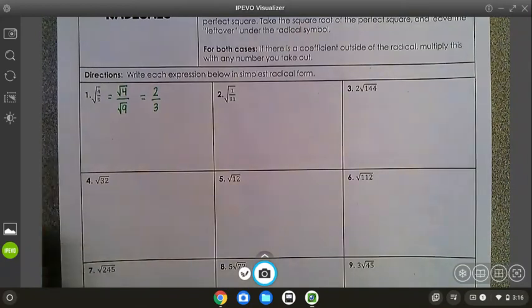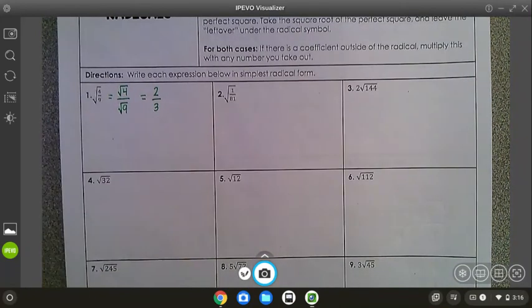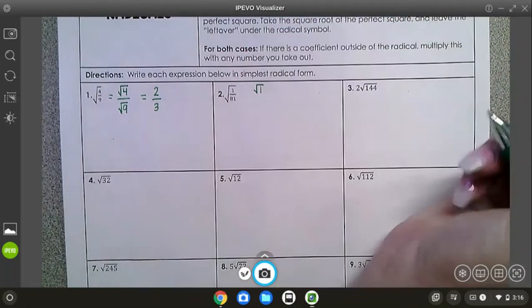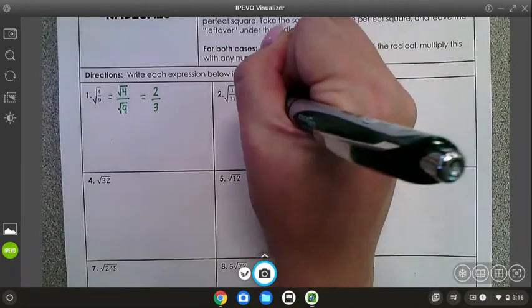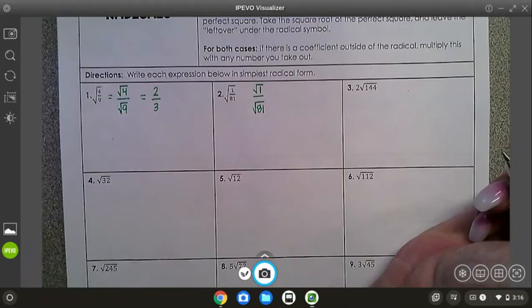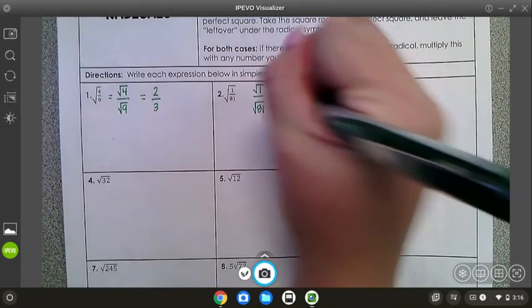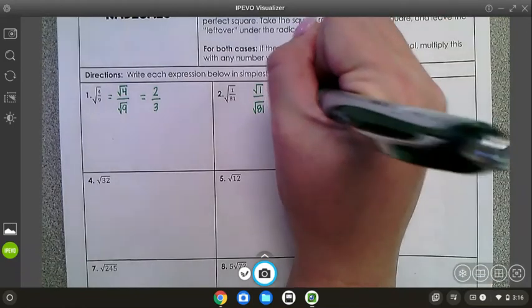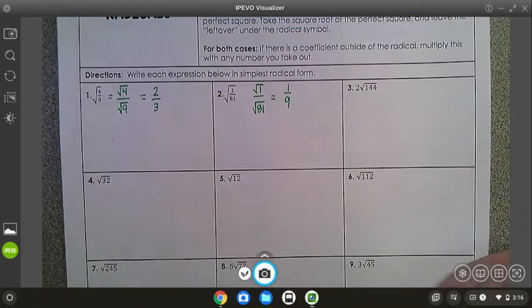So the square root of 4/9 is 2/3. So on number 2, we would have the square root of 1 over the square root of 81, which would give us 1/9.